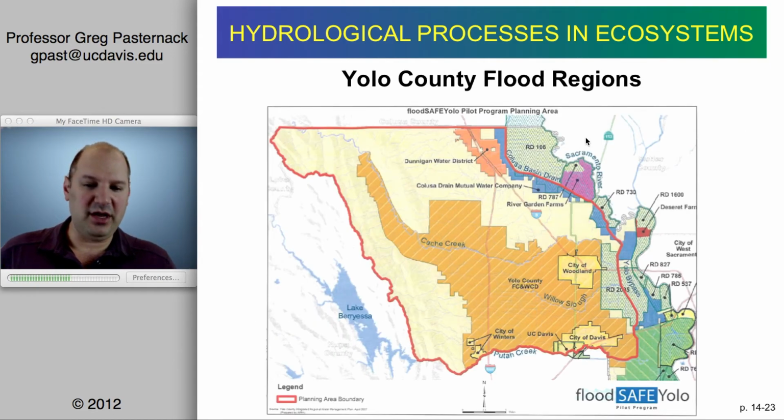Here in Yolo County, the city of Davis is located on this map, and then the city of Woodland to the north. There are two main rivers here. There's Cache Creek that drains to the north of Woodland, and then there's Putah Creek that drains from Lake Berryessa just to the south of Davis. Between those two, there's a lot of flat land with nowhere to drain.